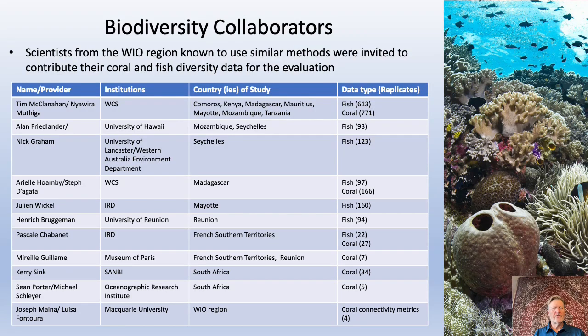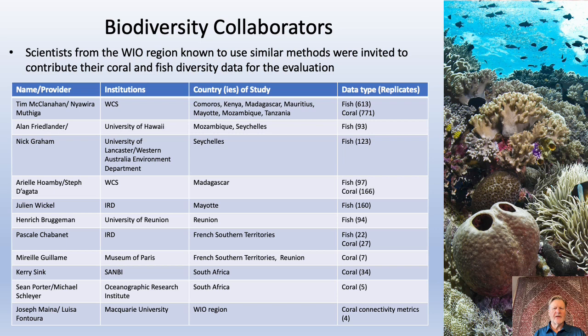In order to improve on the situation of a limited number of taxa, we still had to use some of the taxa for which there is sufficient data, and essentially that boils down to coral and fish. So I contacted the various people listed here in this table that have collected coral and fish data.